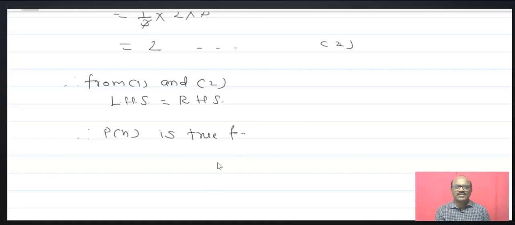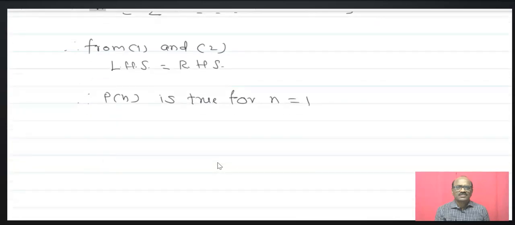And that is, P of n is true for n is equal to 1.